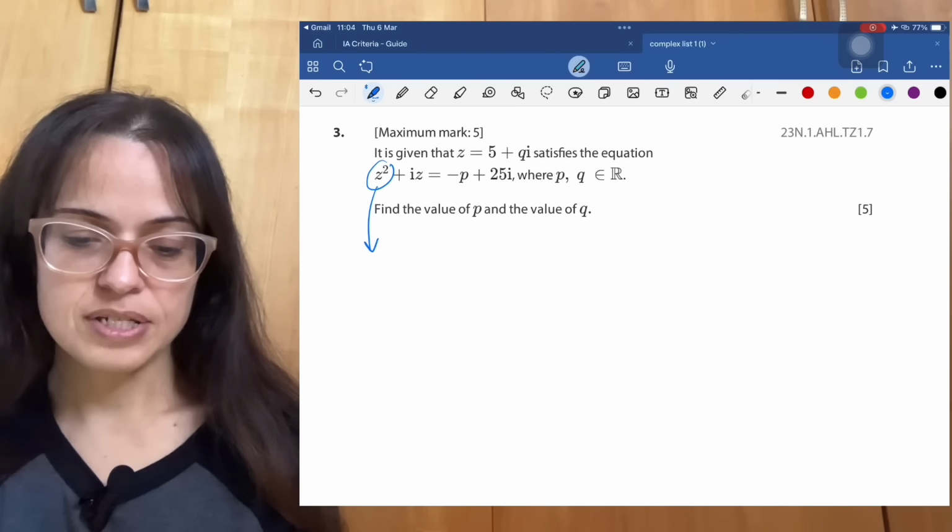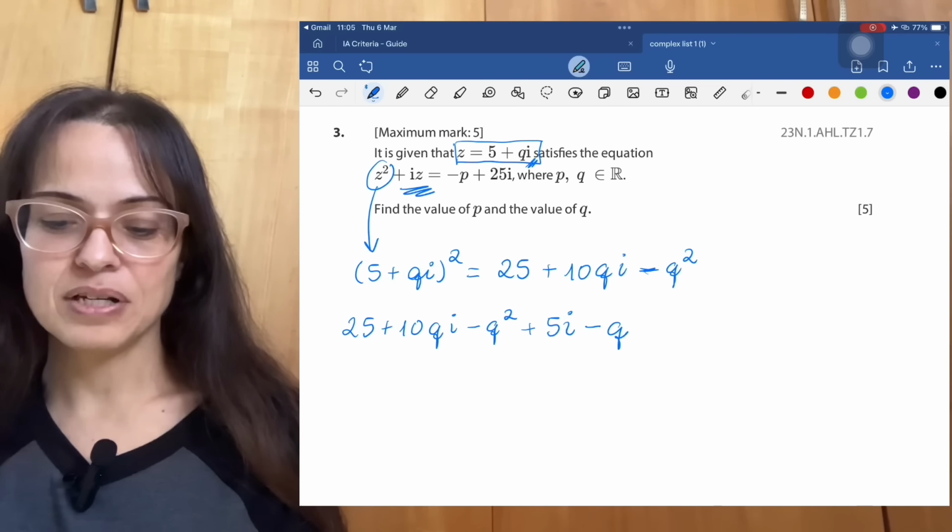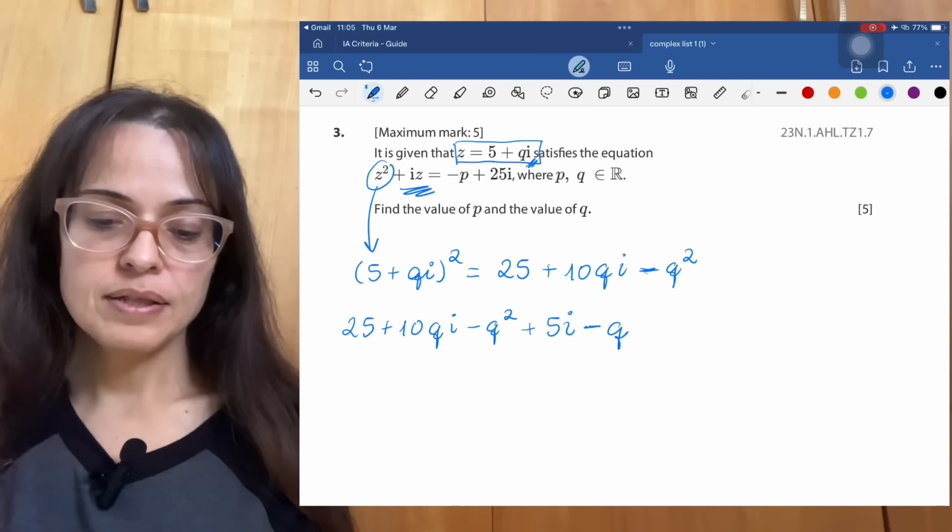So I'm going to take that, and then I'm going to add it to this iz here. When I multiply i to this thing, I'm getting plus 5i, and then minus q, because again, the i that I'm multiplying is meeting another i there, and they're becoming a negative 1. And then on the right-hand side of the equation, I have a minus p plus 25i.